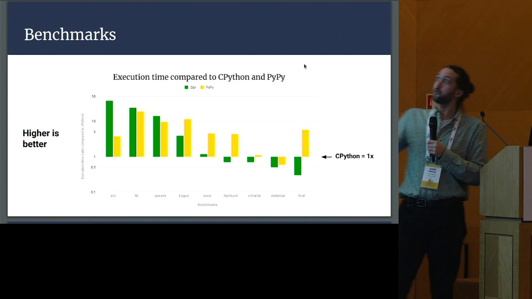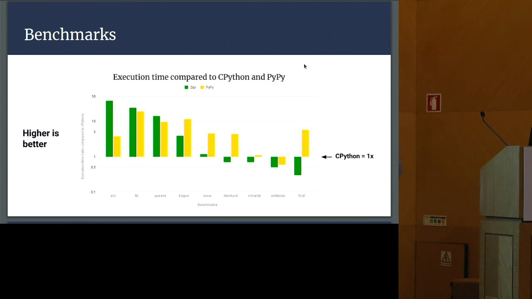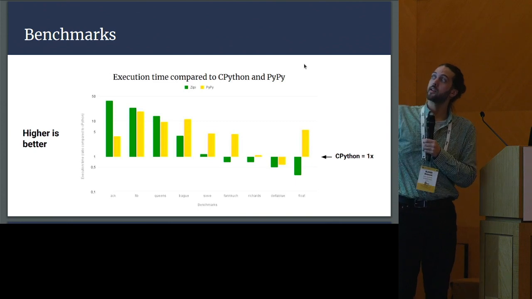In terms of performance, that's what it looked like. So here, what you have is a comparison between Zipi, PyPy, and CPython. In green, you have Zipi. In yellow, you have PyPy, and CPython is the baseline. So here, we're comparing how much faster we are than CPython. So higher is actually better.